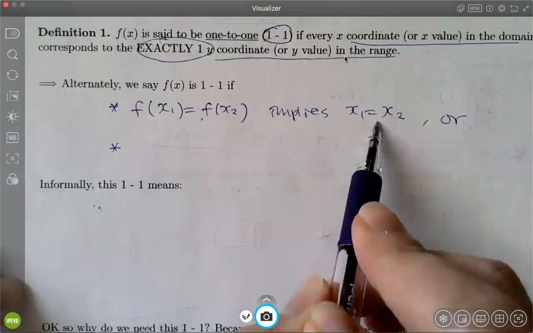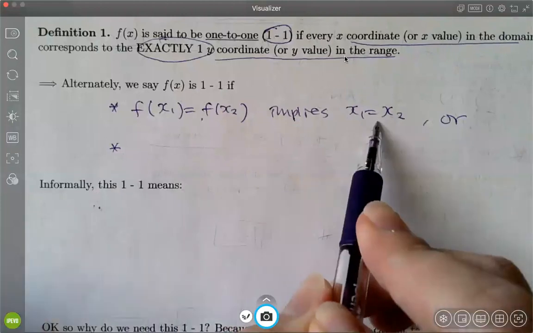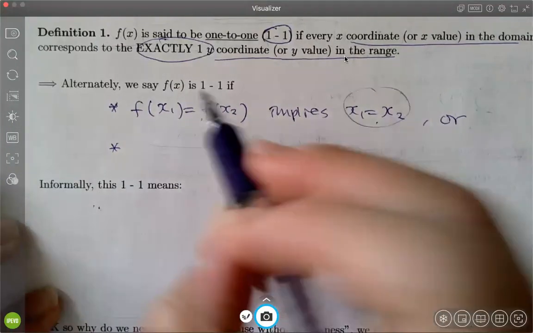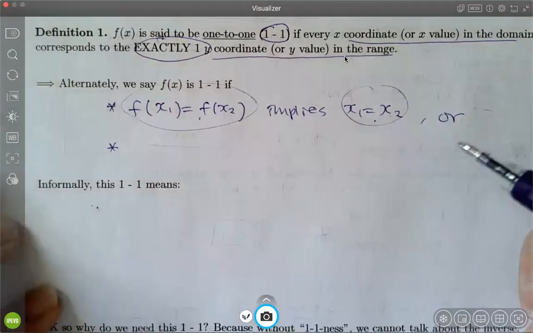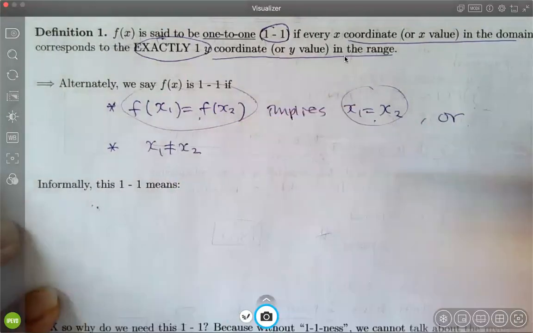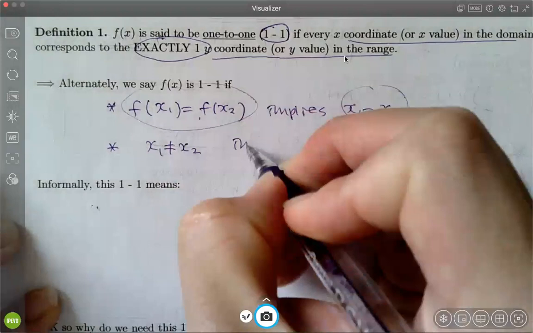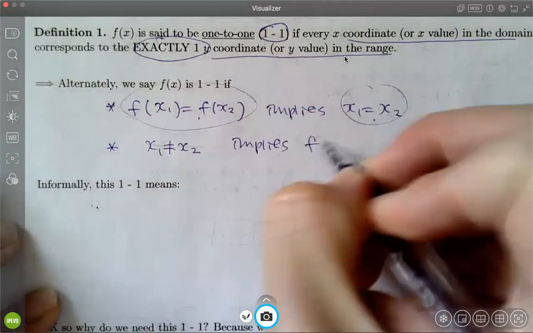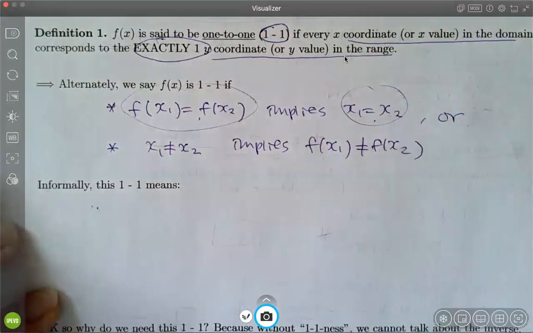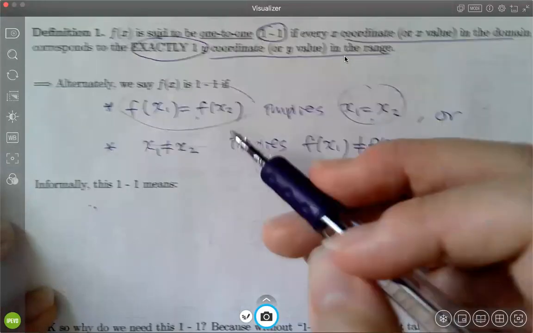The equivalent way of saying this is you negate this, and then that implies the negation of this, which means if the two x values are different, then their outputs must also be different. So these two things are the same thing.